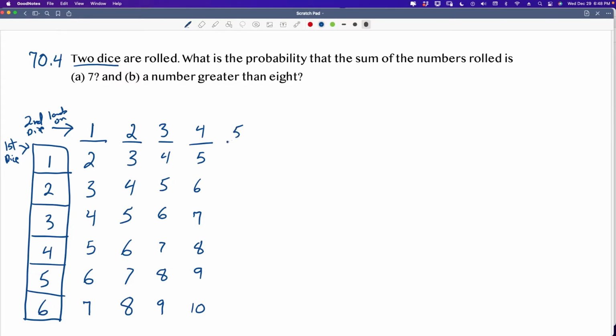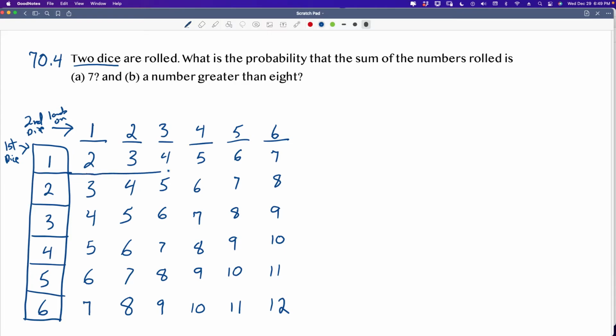If it lands on 5, we would have 6, 7, 8, 9, 10, and 11. And if it lands on a 6, we would have a 7, an 8, a 9, a 10, an 11, and a 12. All right, so here is our sketch of what could happen, right?